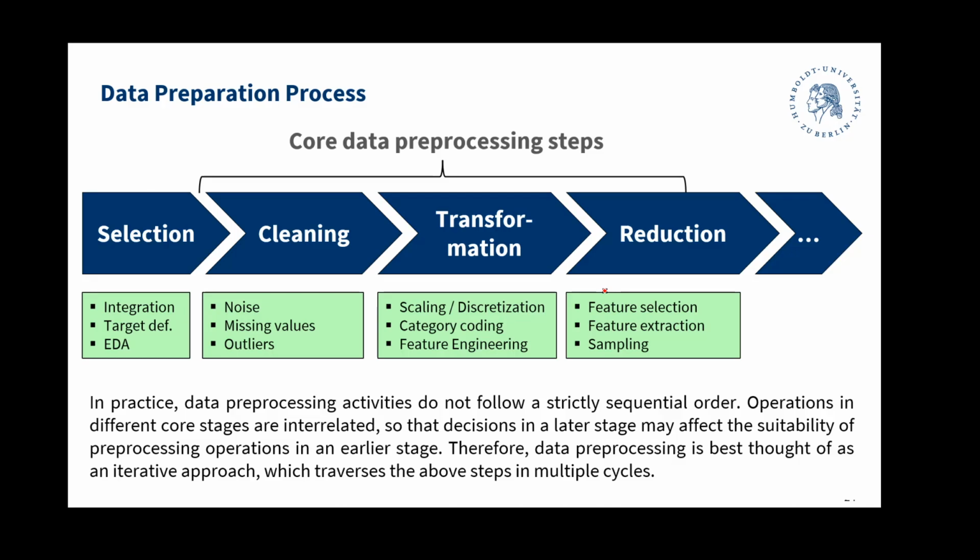And other than that, you can take this slide as a map that will accompany you throughout the remainder of this chapter. The tasks that you see here in the greenish boxes: noise, missing values, outliers. I take these as tasks: scaling, discretization, category coding.